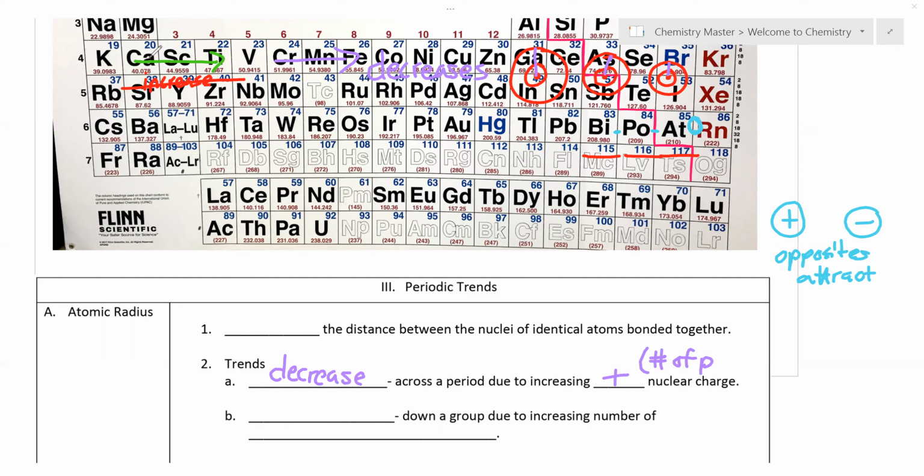But nuclear charge is like, remember, acting like a magnet. So if you want to put a note, you could say, as you go towards the right, bigger magnet. So it pulls rings closer.